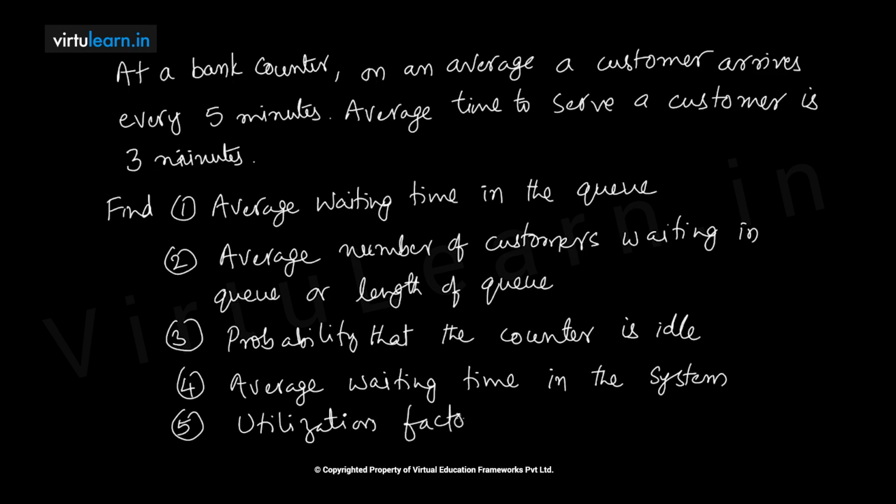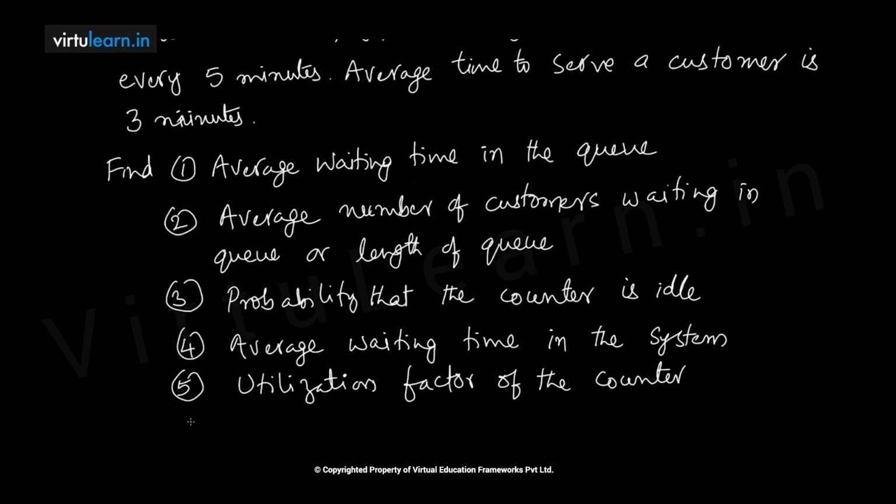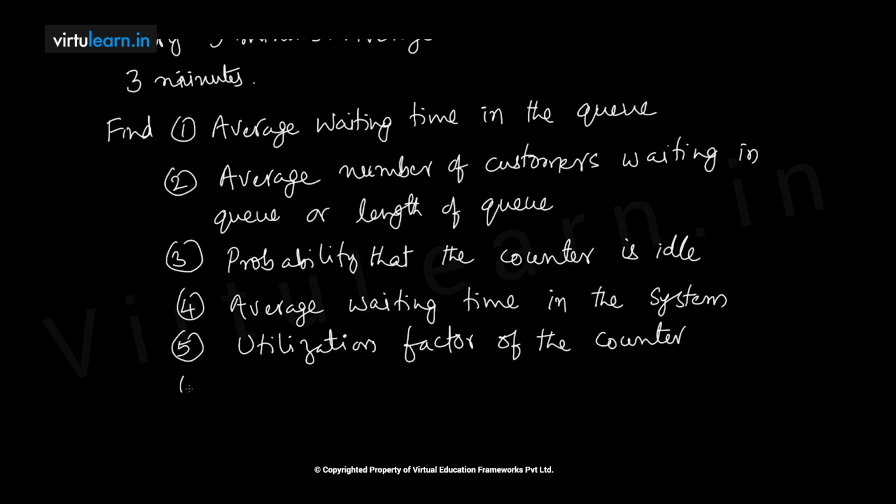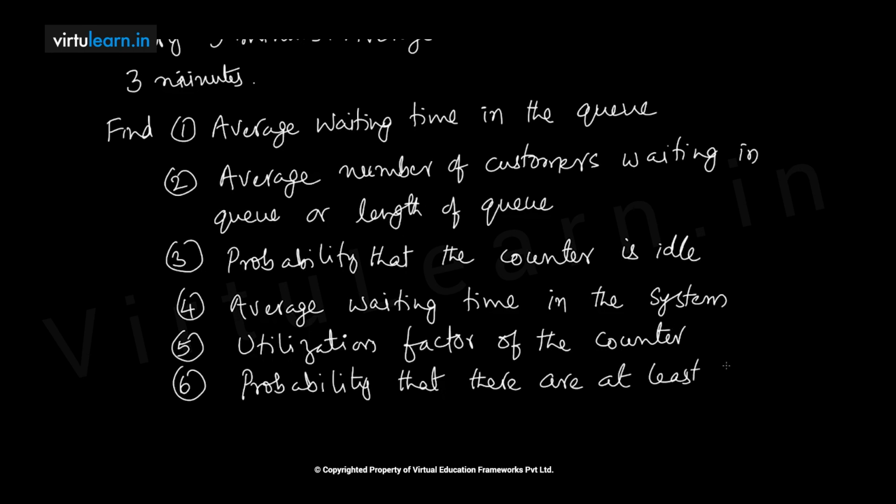Then the average waiting time in the system, which means the waiting time in the queue plus service time, known as WS. And the utilization factor of the counter, that means to what extent the counter has been used.